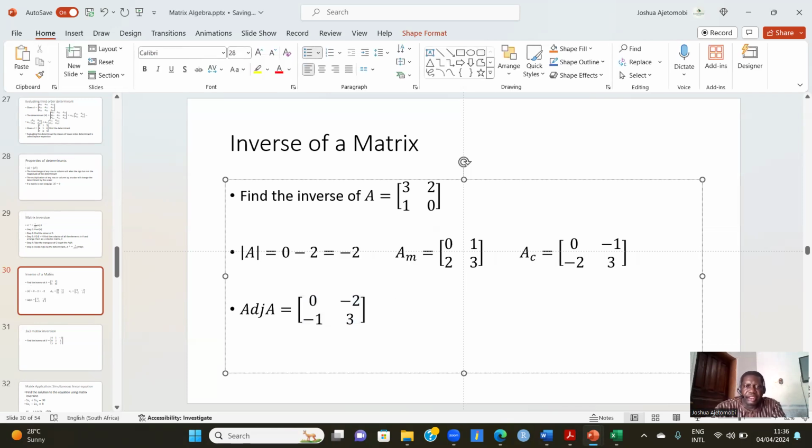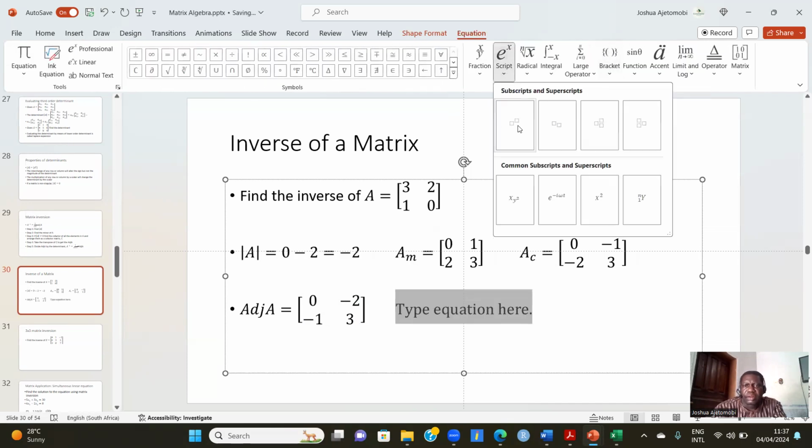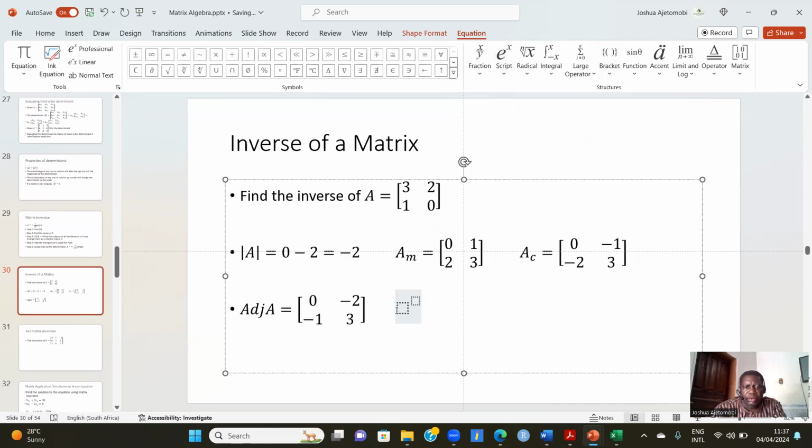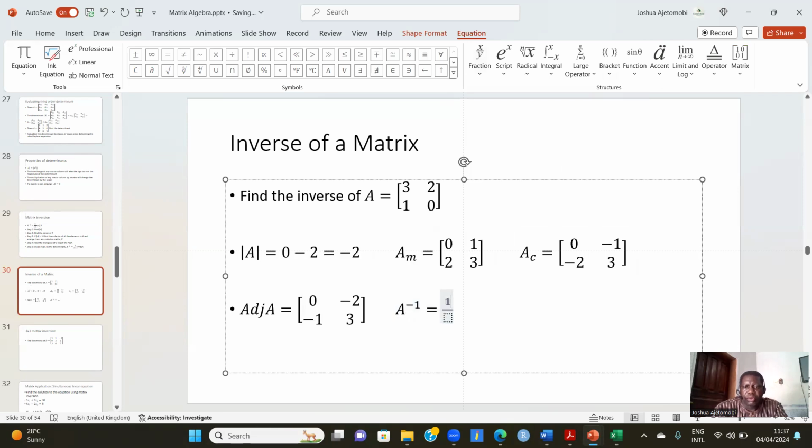And to get the inverse, so the inverse equals one divided by minus 2, that is determinant, then multiply by the adjoint.